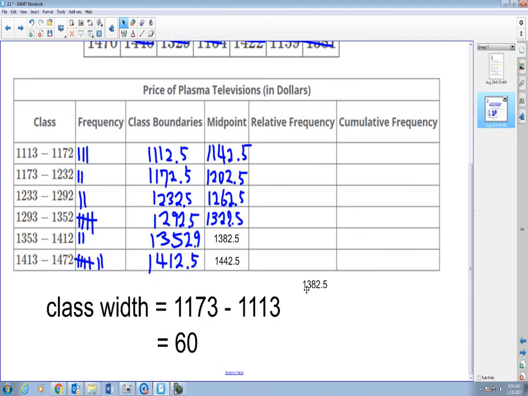So I got 3 in the first class, 2 in the second class, and 2 in the next one. Five in the next one.